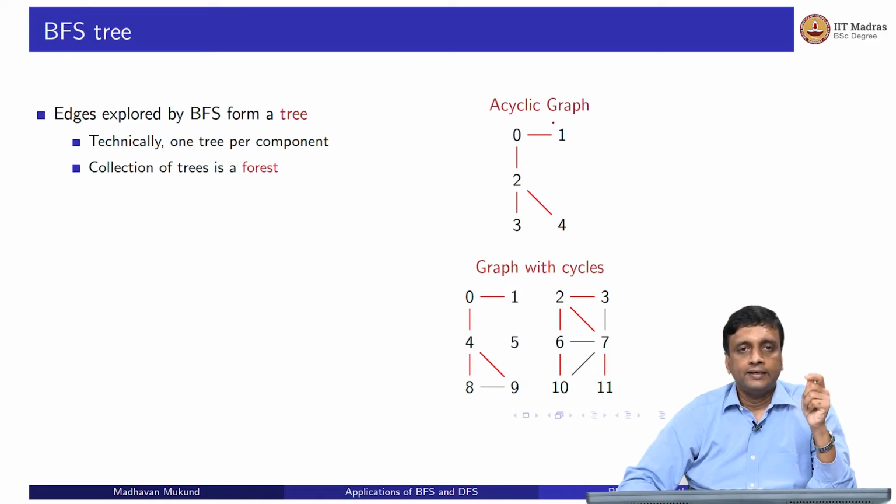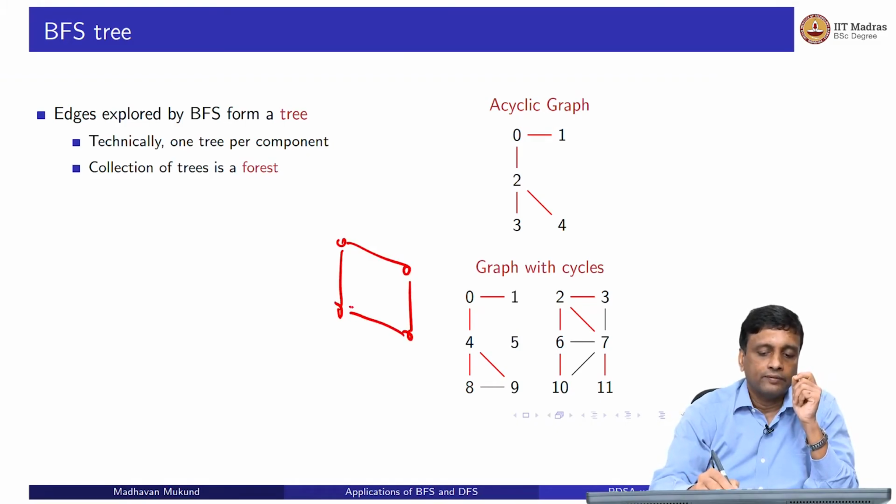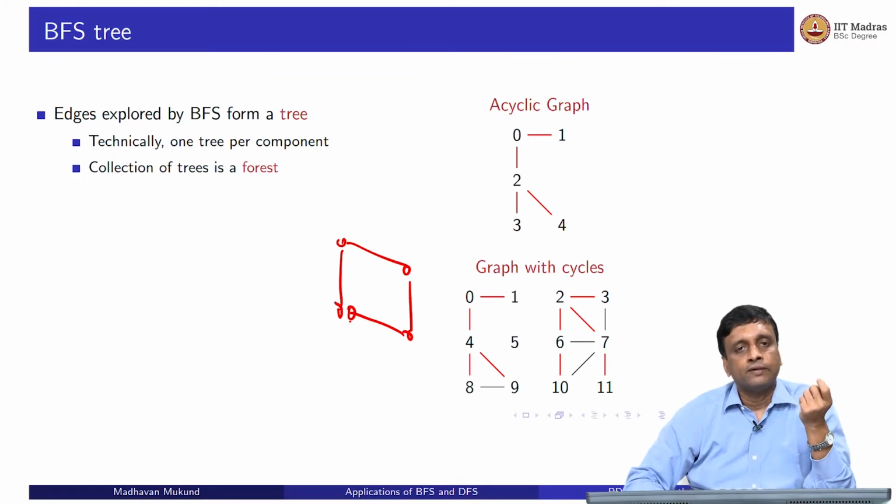So, BFS guarantees that I will never add an edge to a vertex which has already been visited. So, if there is a cycle, it must be of that form, right. I have already seen it from an earlier node, and then through some long path I try to come back and visit it again. So, this cannot happen because BFS does not allow you to visit the same vertex twice. So, BFS will always visit edges that form a tree.